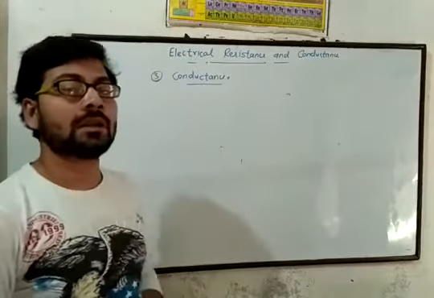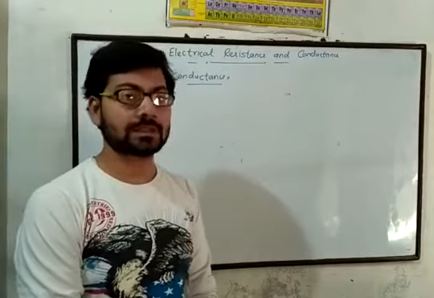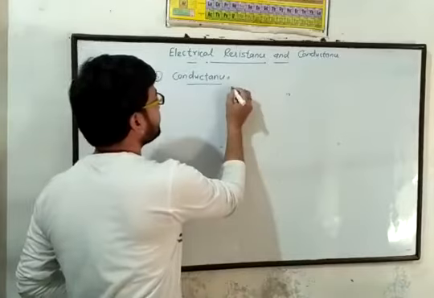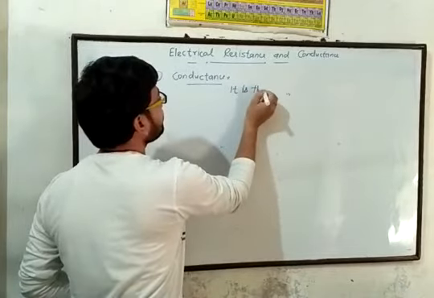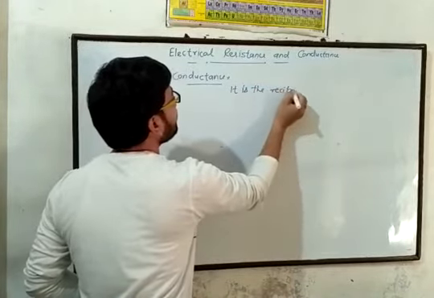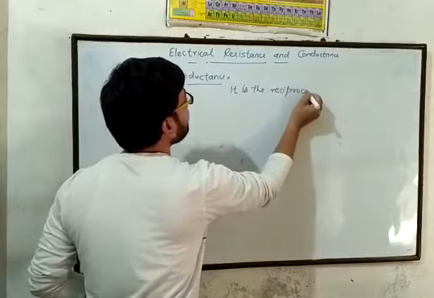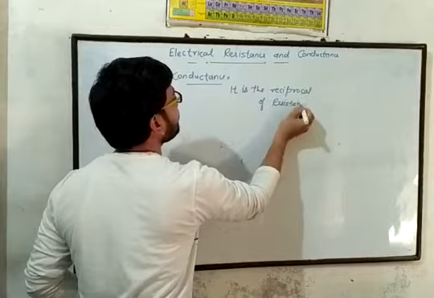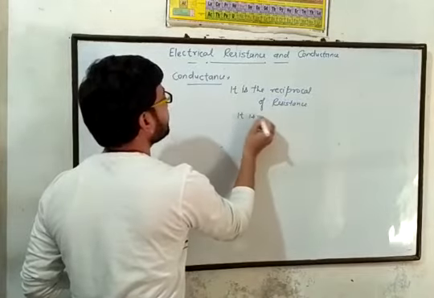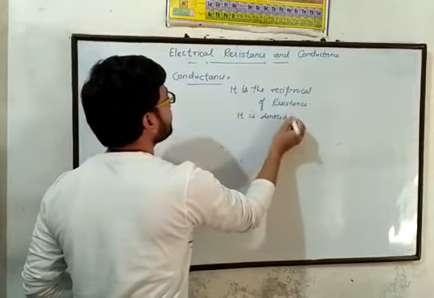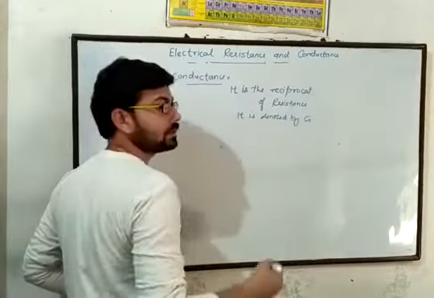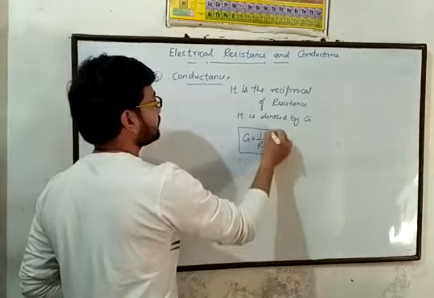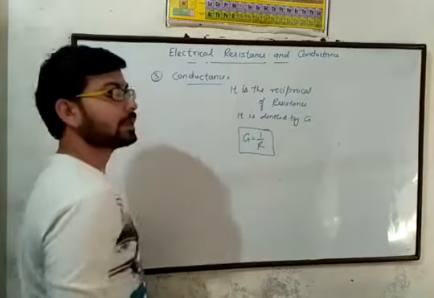Conductance is the reciprocal of resistance. It is denoted by capital G. So G is equal to 1 upon R.